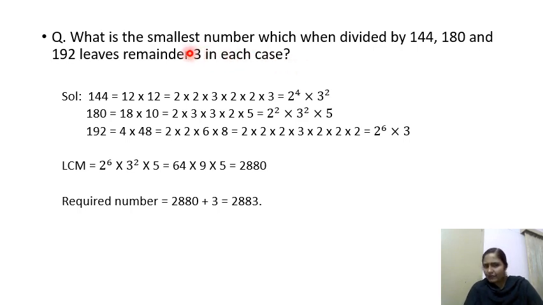We have to find that number which when divided by 144, 180 and 192 leaves a remainder. Just to check, will the number you are finding be greater or smaller than these numbers? We are dividing that number by 144, correct? So obviously that number should be greater than all three numbers.